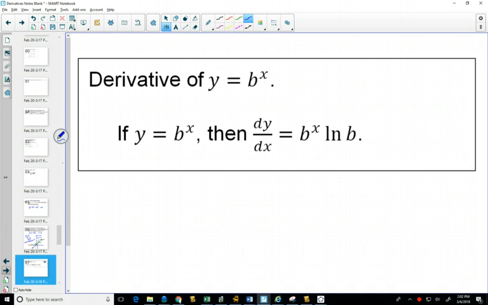Now, what about other powers? If y is equal to b to the x, then the derivative stays the same, but you have to multiply it by the natural log of b.